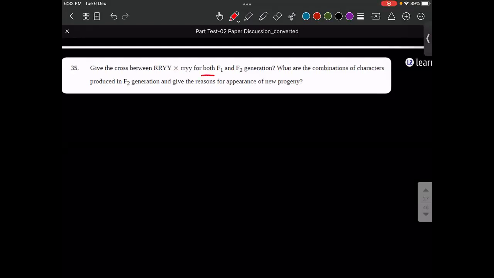Sir, I didn't draw a Punnett square for the F1 generation. I just wrote it down. I wrote the observation.